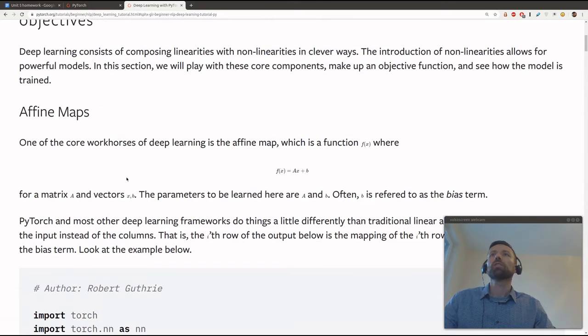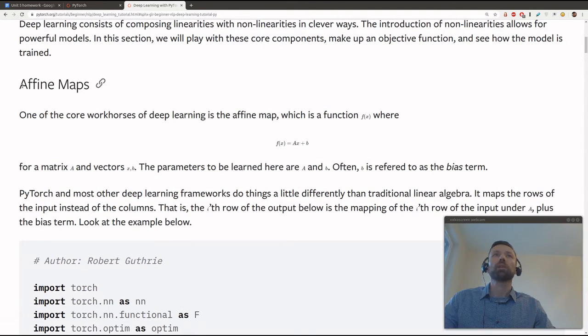So the first thing is called affine maps. It's the basic operation in a neural network where you have an input layer, you multiply the inputs by some weights which connect the input to the output, and as a result of this operation you have the outputs.